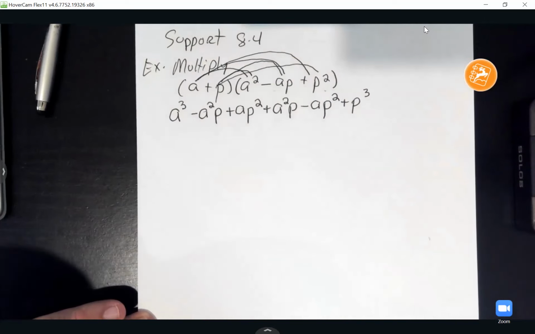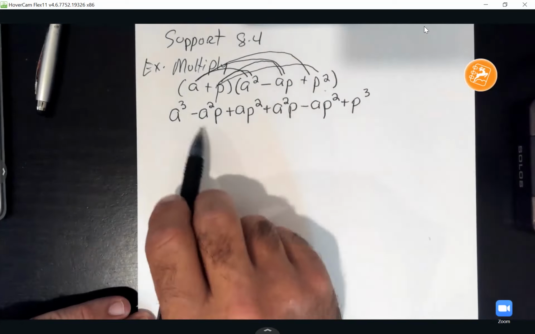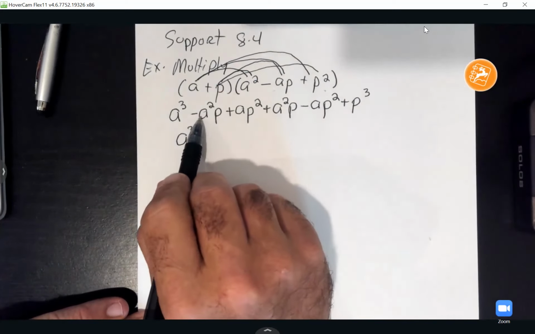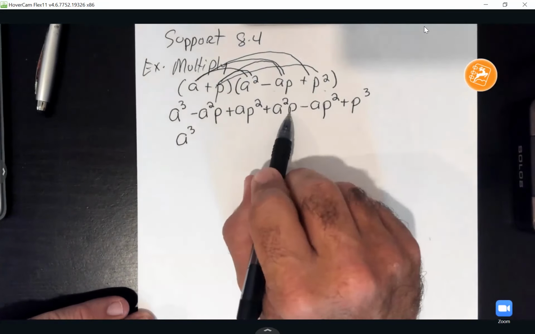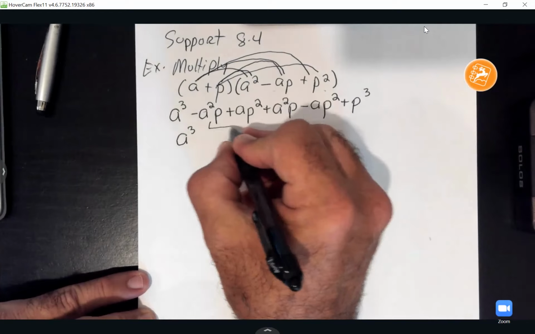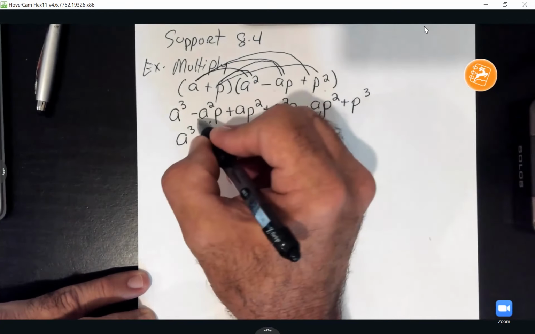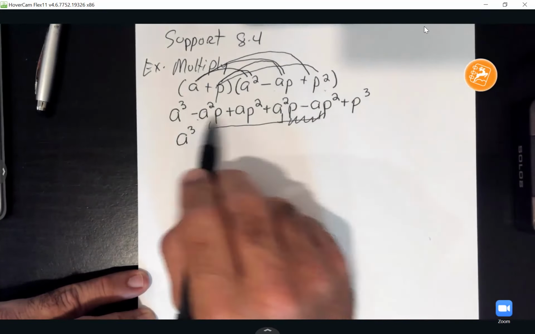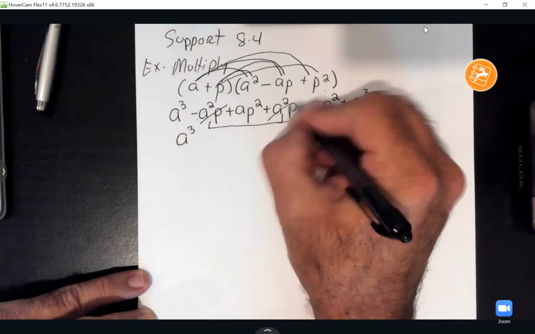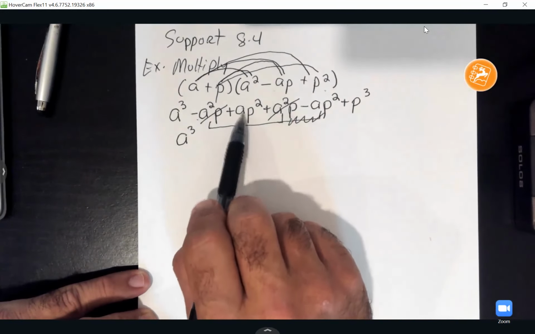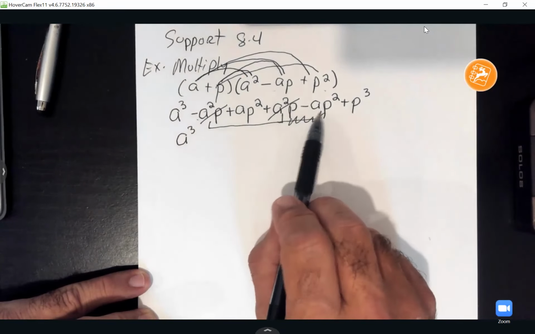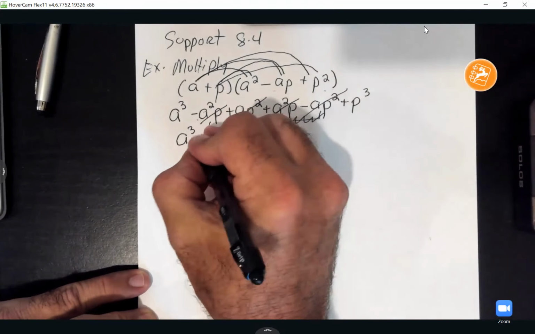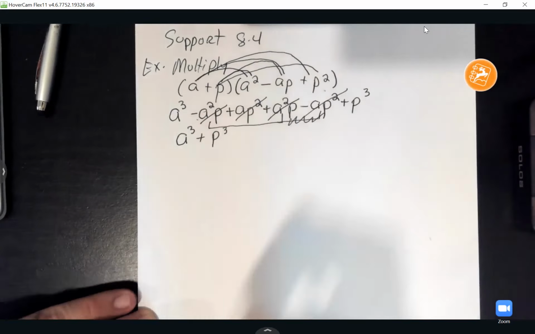Once you multiply, the only next thing is to add like terms. So y'all bring down the a to the third. There's only one of those. This negative a squared p and this positive a squared p, those are like terms, they cancel. Here's a positive ap squared and a negative ap squared. Those cancel. So the only thing left at the end is my positive p to the third.